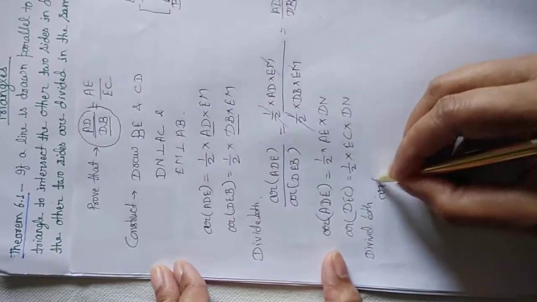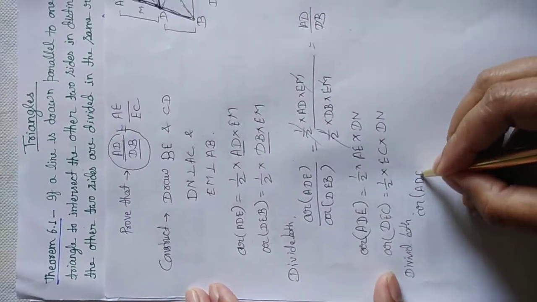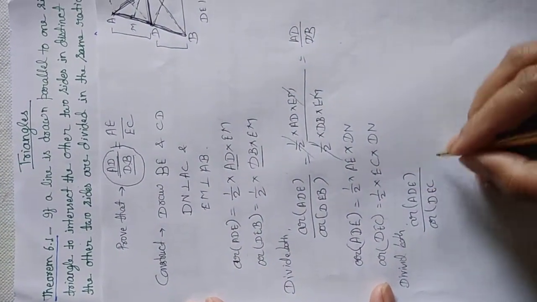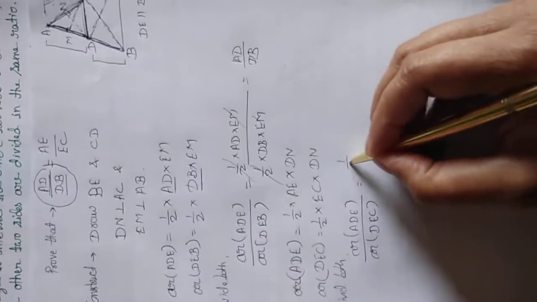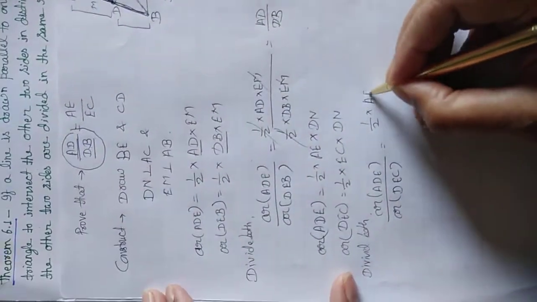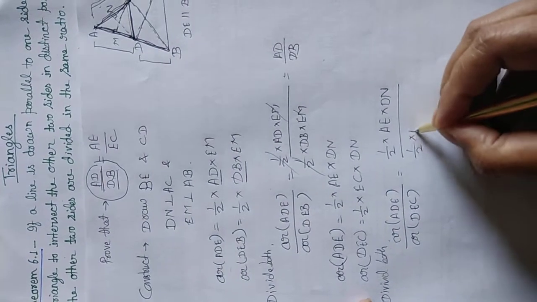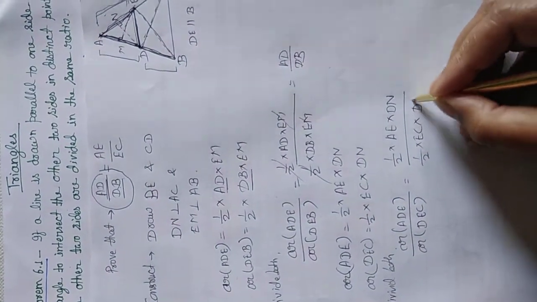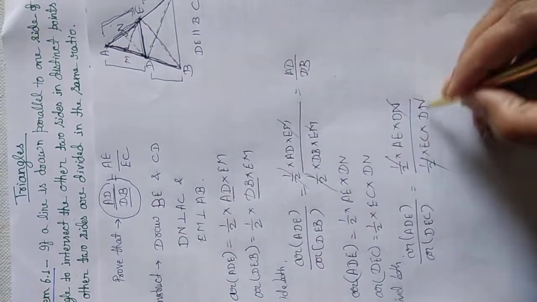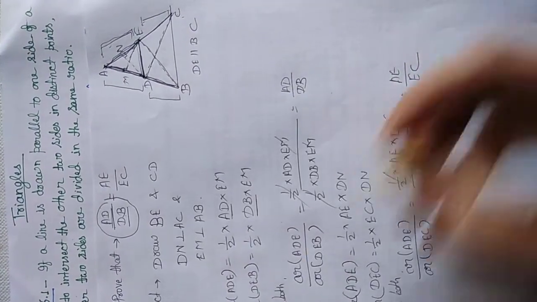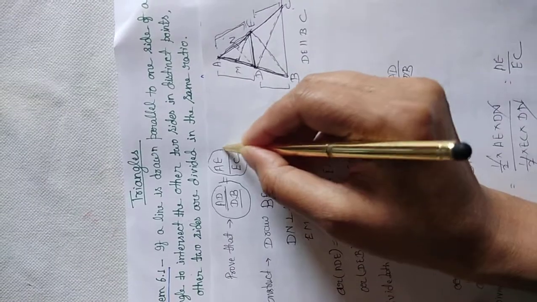So area of ADE divided by area of DEC equals half into AE into DN, by half into EC into DN. So this gone, this gone, this gone, this gone, means AE by EC. So this is the second part.